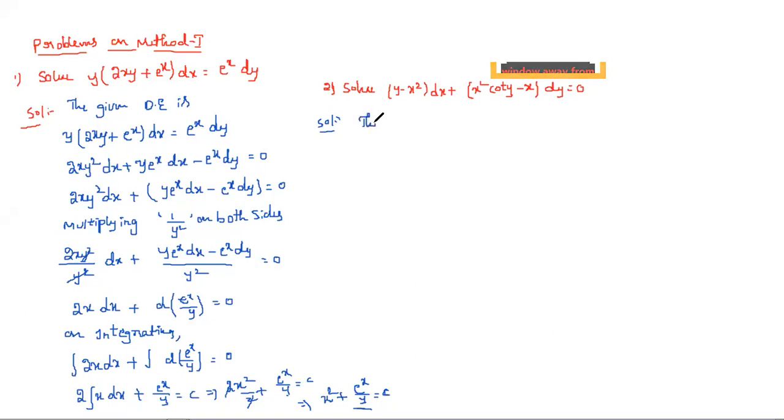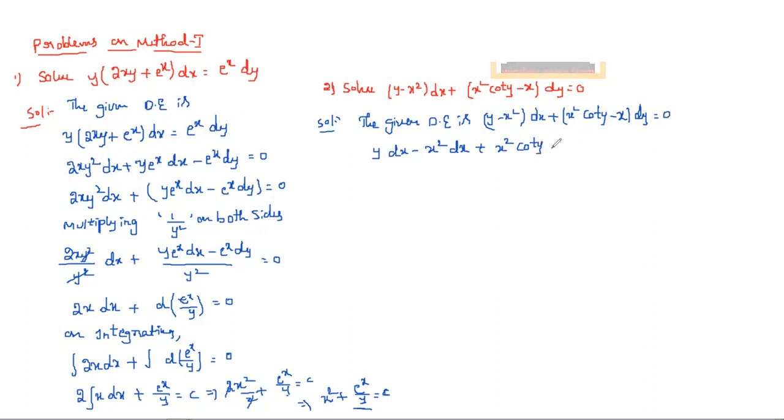So the given differential equation is (y − x²) dx + x²(cot y − x) dy = 0. Now you can multiply the terms inside. First multiplying with dx, so y dx − x² dx + x² cot y dy − x dy = 0.